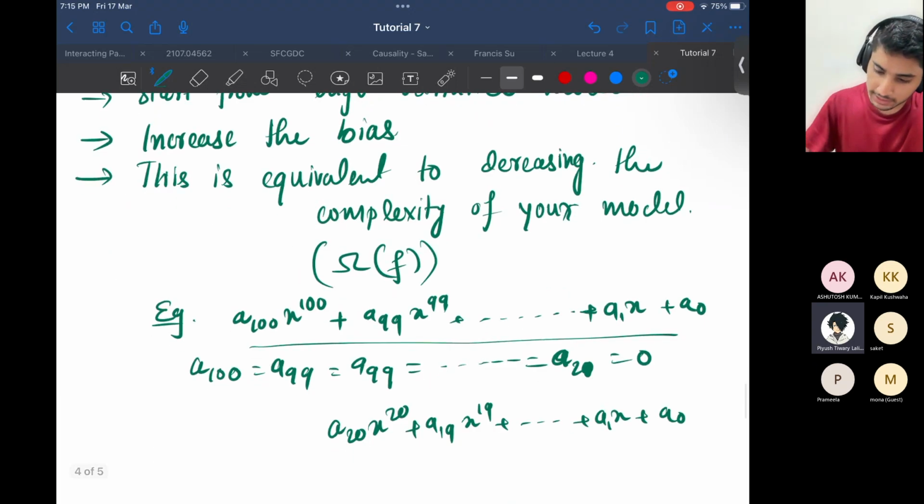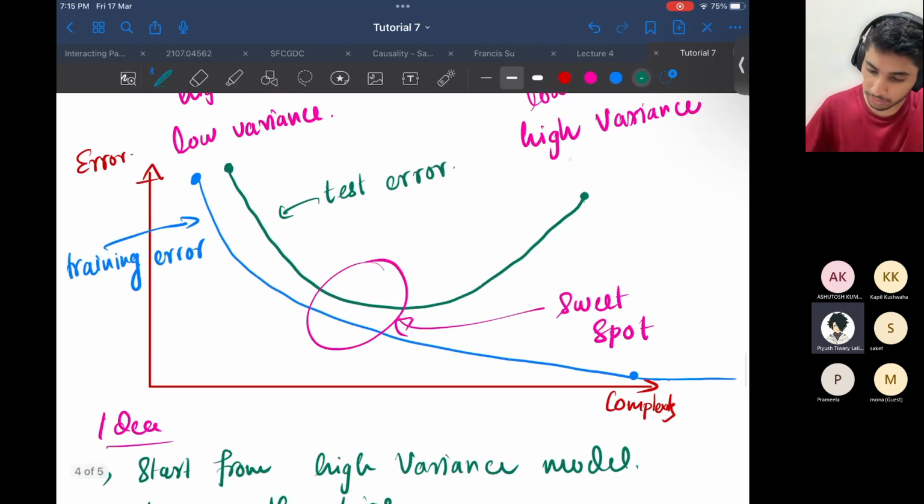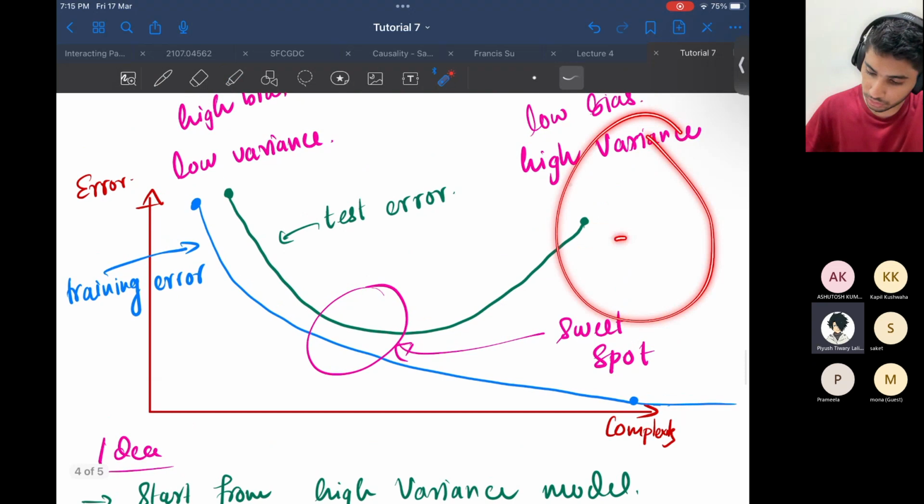As soon as I do this, I am moving from this region, decreasing the complexity of my model. Are you able to understand what I mean by decreasing the complexity of the model?